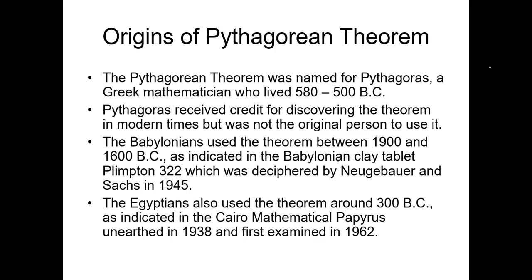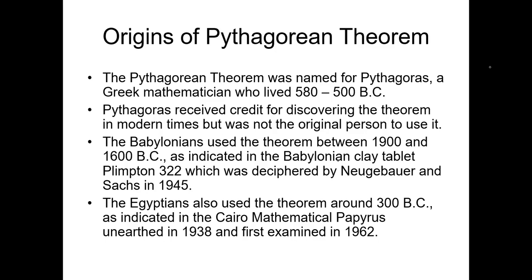But then as scholars keep unearthing more information, we find out otherwise. For one, during Pythagoras' time, he was the head of a secret school of scholars called the Pythagoreans. And chances are he didn't come up with it even then. Probably some of his students came up with it. And so, since he was the head of the school, his name gets attached to it. His Pythagoreans came up with it, so Pythagorean theorem.